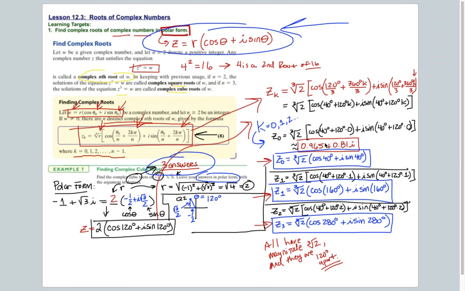So if you were to graph them on the circle, I'll draw a little picture here like this, okay? You would see, let's say that's 40 degrees, cube root of 2 is the length, so we'll go ahead and do this. Okay? And then if you went to, what's the next one? 160 degrees. So 160 degrees would be right about here.